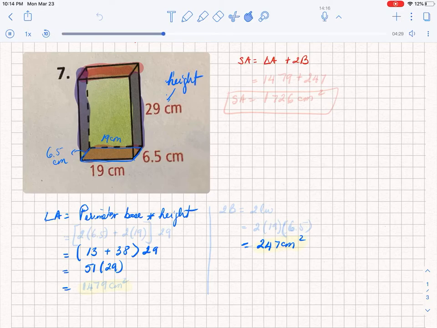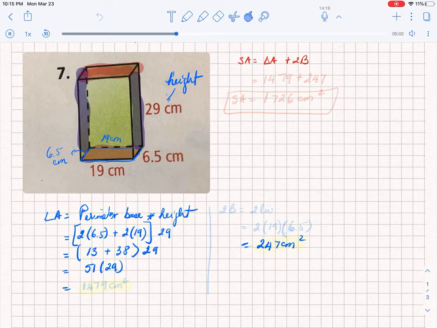So there are two 6.5 and two 19. Once I have that, I multiply it by 29. When I do all that work, the lateral area at this point is 26.01 centimeters squared.